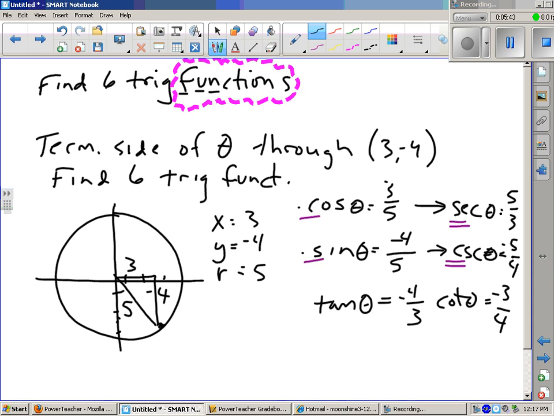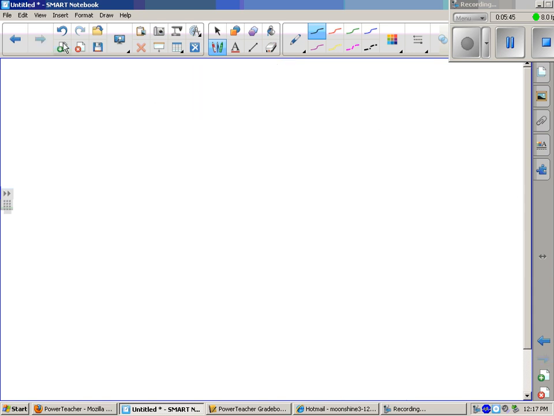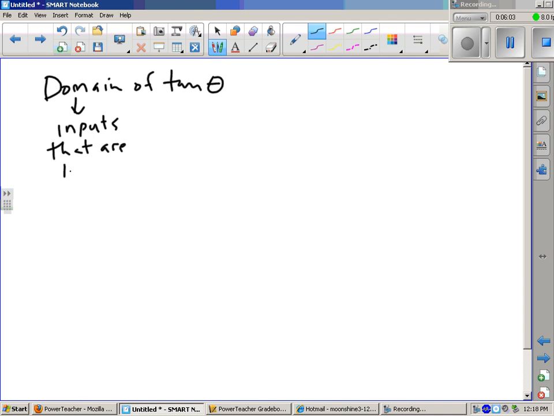All right, next page. If you're asked to find the domain of the tangent of theta, domain is like inputs that are legal. Now, legal in math means they don't make something that's undefined.